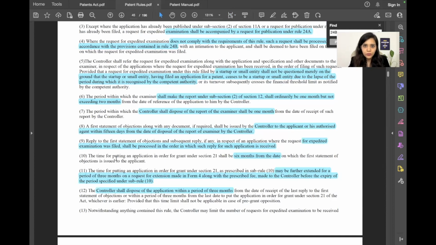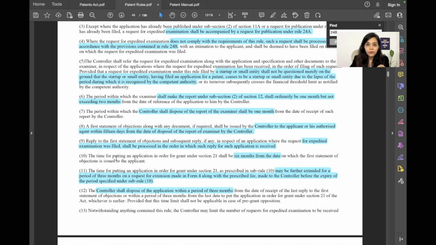So you don't have to be confused about why we are going through this provision, because these are the same in 24B and 24C. The time for putting an application in order for grant under section 21 as prescribed in sub-rule 10 may further be extended for a period of 3 months on request for extension made in form 4 along with prescribed fee made to the controller before expiry of the period specified under sub-rule 10.